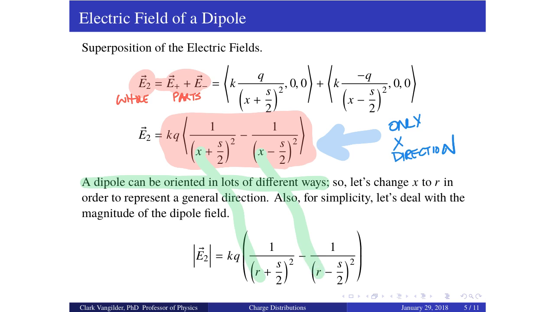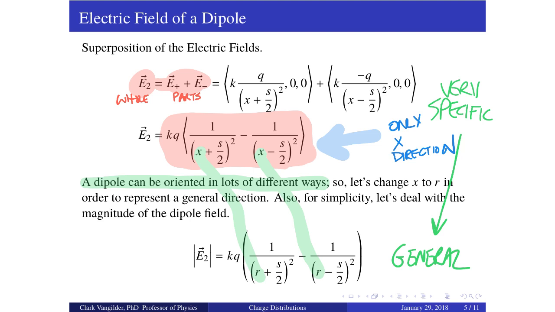So now I went from a very specific to a general case. Because now r is going to be this position vector that can be along any direction. In fact, it could be y, it could be z, be all the above, right? But notice the equation doesn't change much.